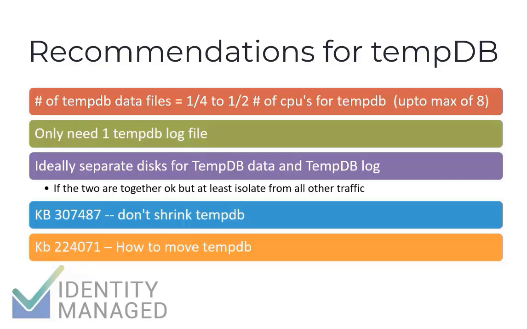That's for the data files. You only need 1 TempDB log file. Ideally, you should separate TempDB data and TempDB log on different disks. But if you're putting this on a solid state drive, that doesn't matter. They can go in the same place.